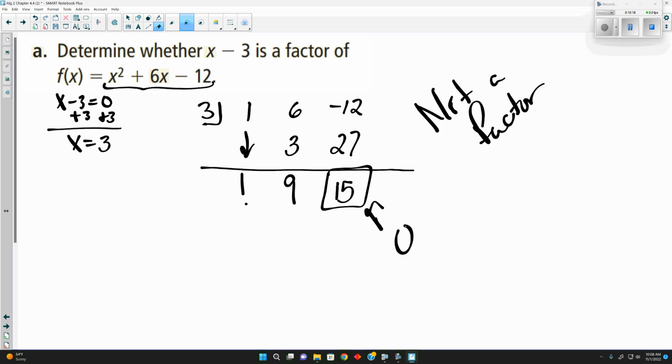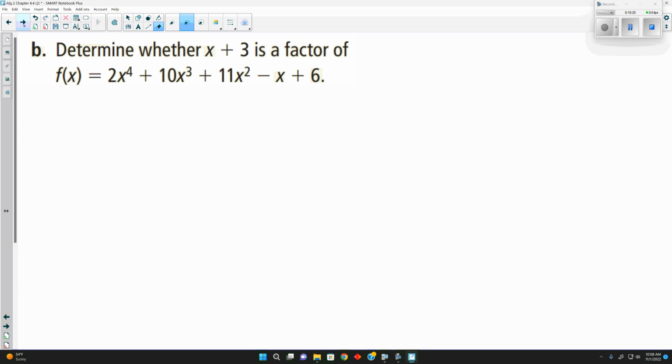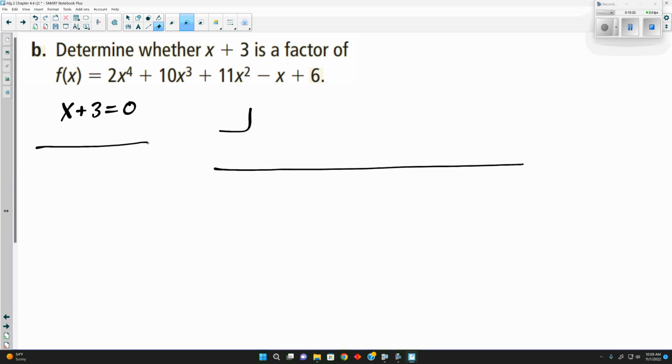Okay, let's look at the next one. Determine whether x plus 3 is a factor of this here. Hold on. So we can start off with x plus 3 is equal to 0. And the next thing we would do is subtract 3 from both sides, telling us x is equal to negative 3.